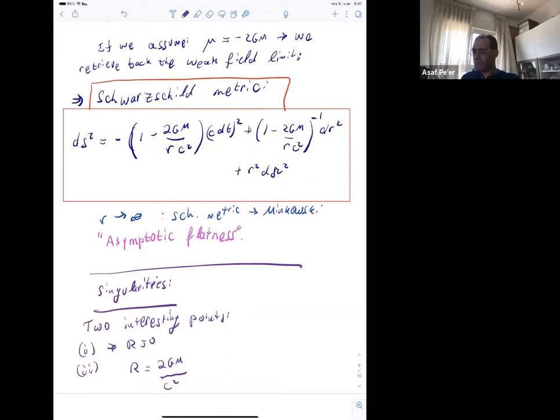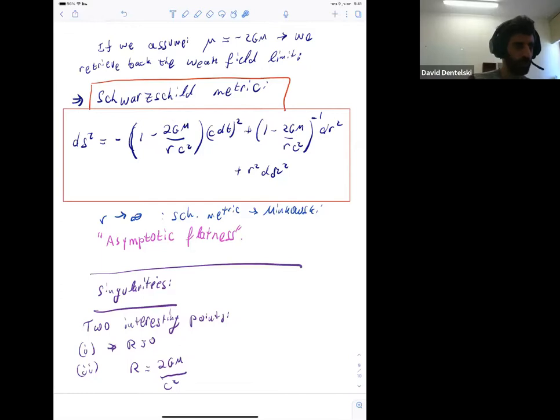Because when r is equal to 2GM over c squared, we have a 1 minus 1, which is 0, and we try to invert it, so we get infinity. When r is equal to 0, we again attempt to invert something. So something could be problematic. Now, does it necessarily mean that something has to be problematic in the metric?